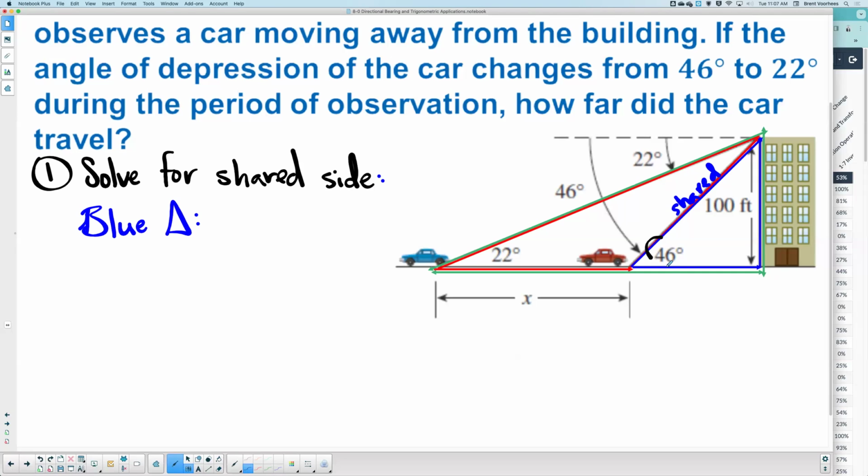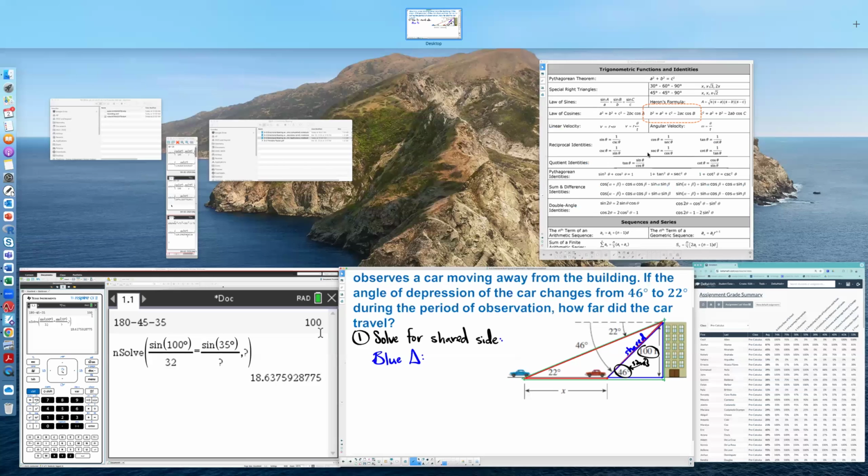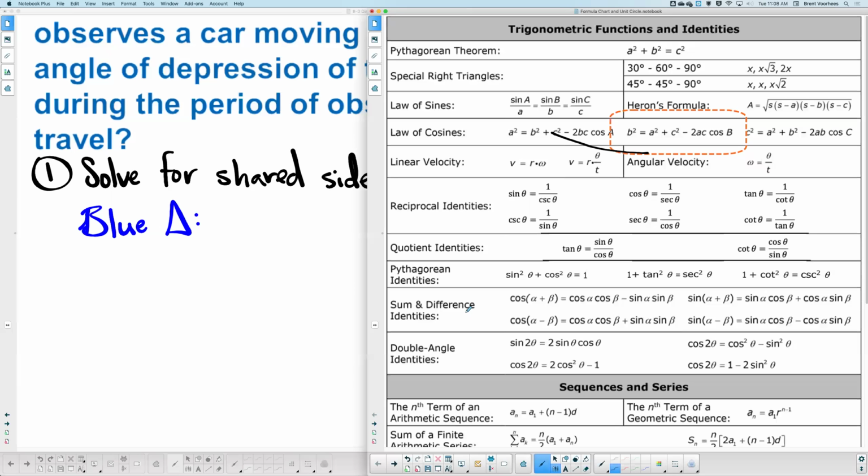Do you remember this? If you have an angle and the side across from it, you have a law of sines. You can go to your formula chart if you want to look at it. The law of sines is this one right here.